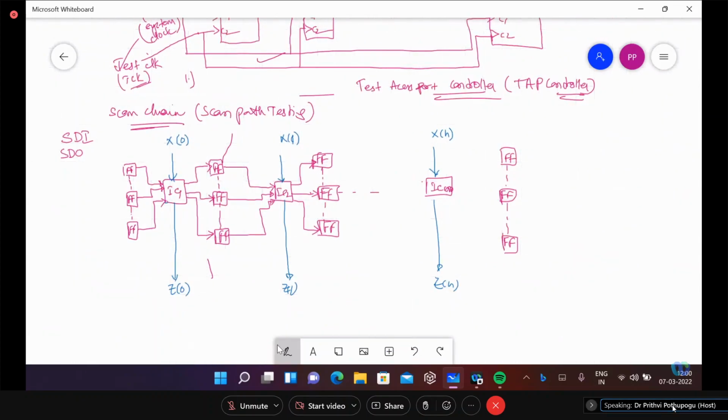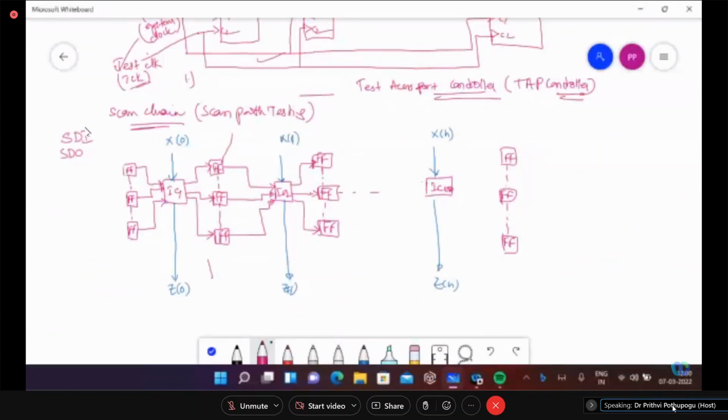The extra element we need is a path to scan the data in and take the data out. The scan data input output segment is missing here. So I take an extra path for the flip-flops, because here you had D1 and D2, one for updating that status and the second for having the SDI input connected. So I'm using this SDI here.